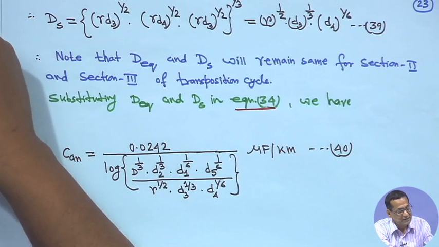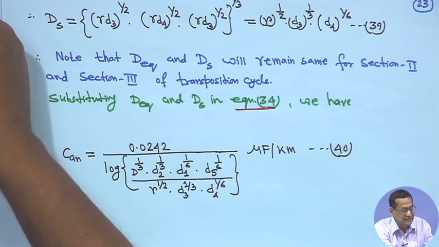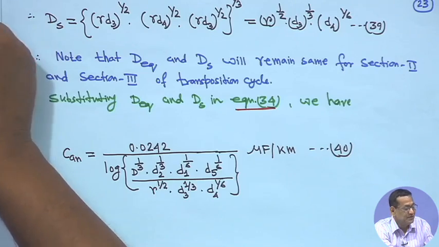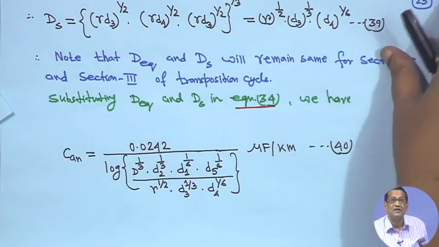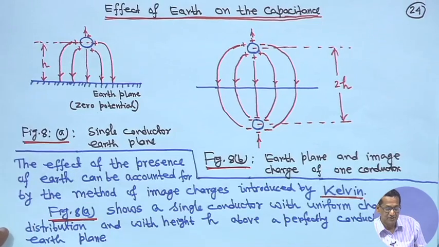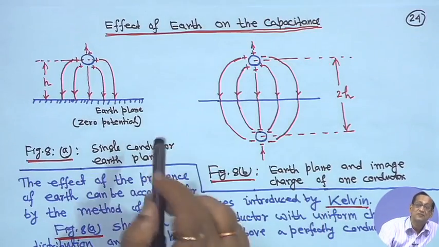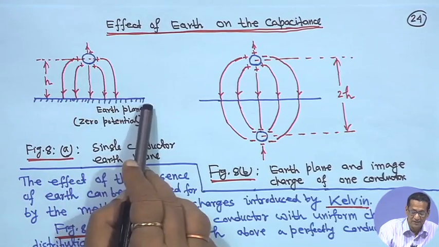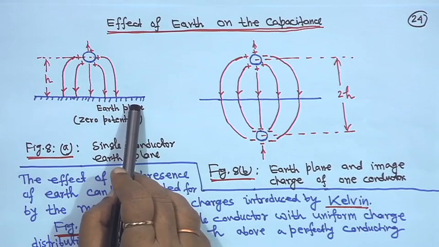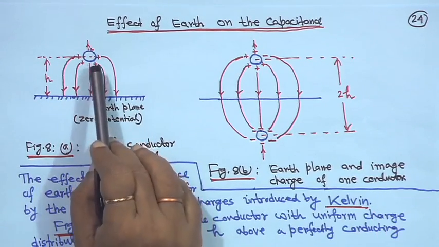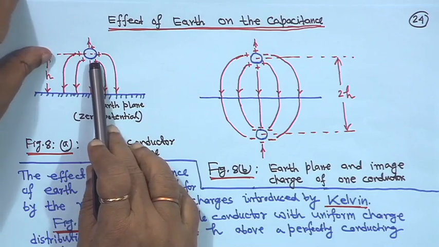Now, another thing is the next one, the effect of earth on the capacitance, right. So, this is the effect of earth on the capacitance. Say this is the earth plane, assuming that this is at 0 potential, and you have a conductor here, right. A charge is uniformly distributed.